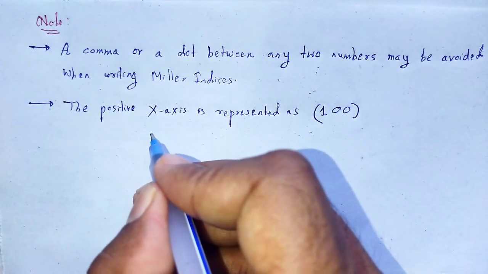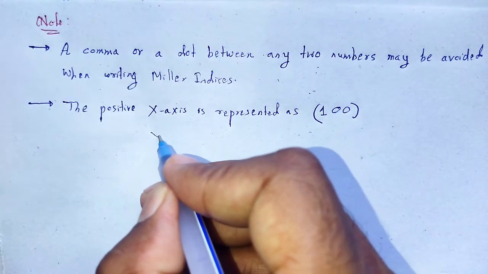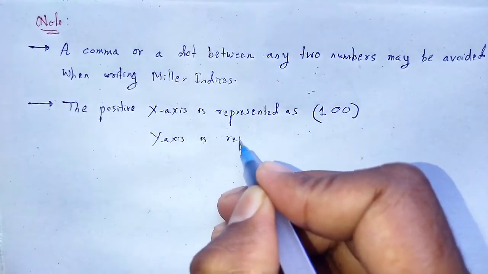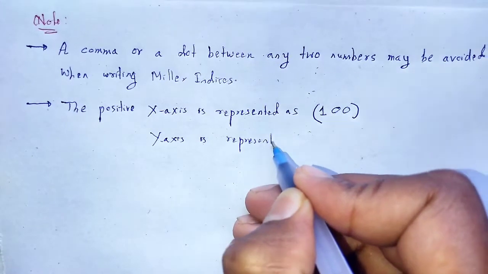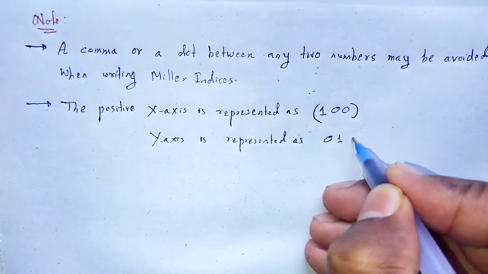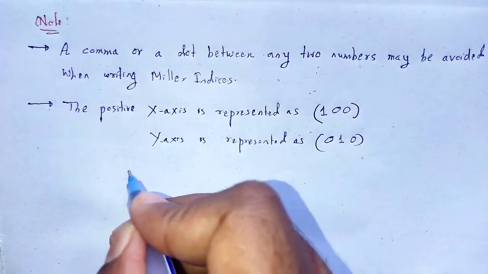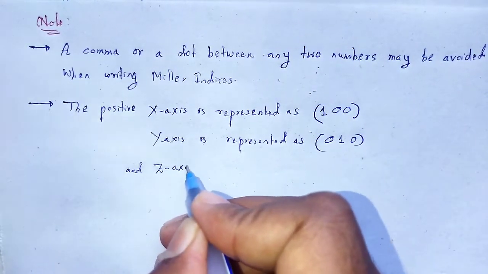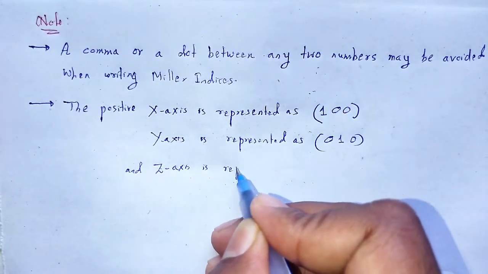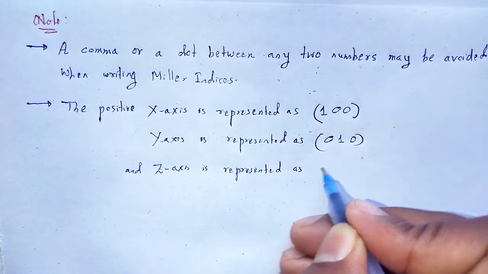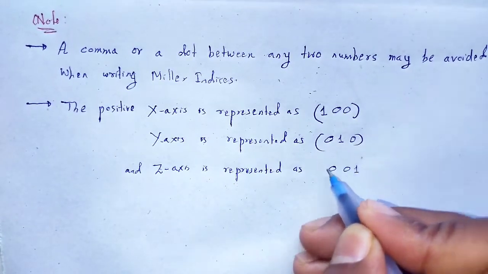Similarly, the positive y axis is represented as 0 1 0, and the z axis is represented as 0 0 1.